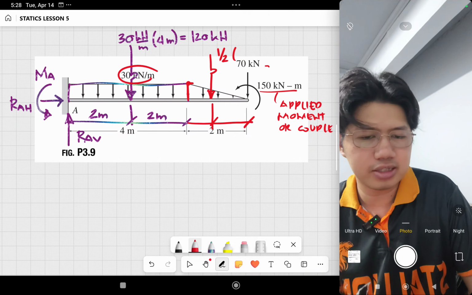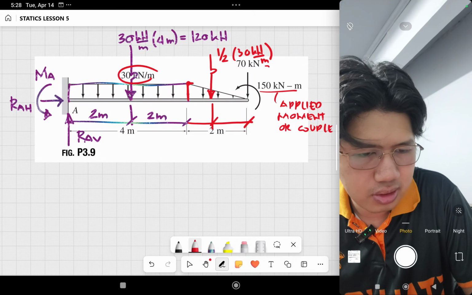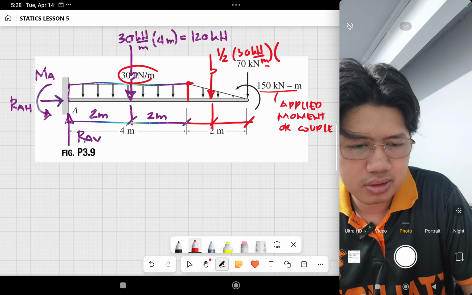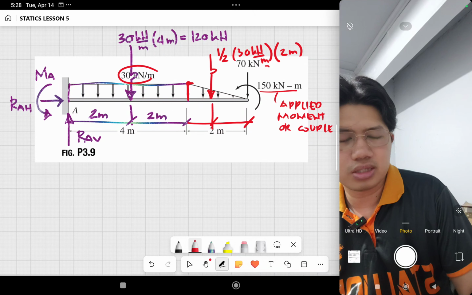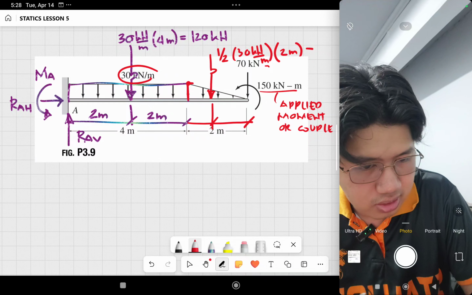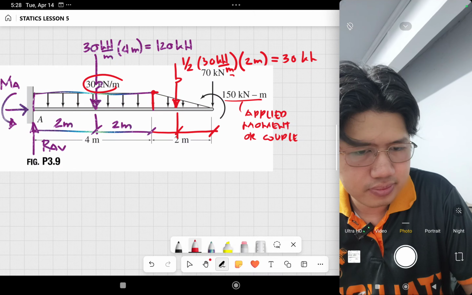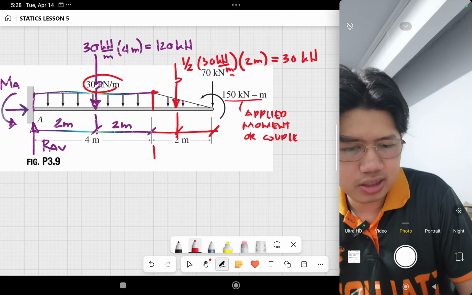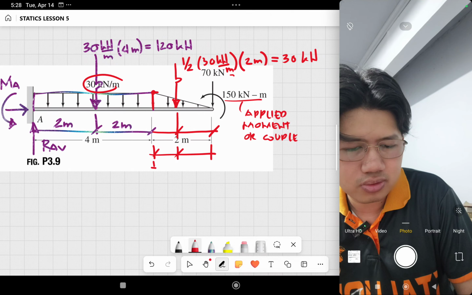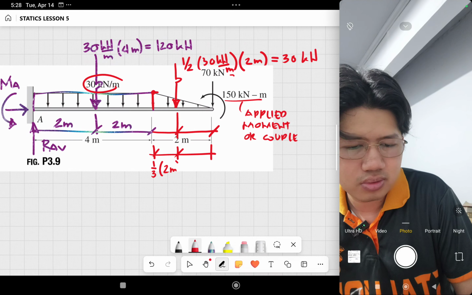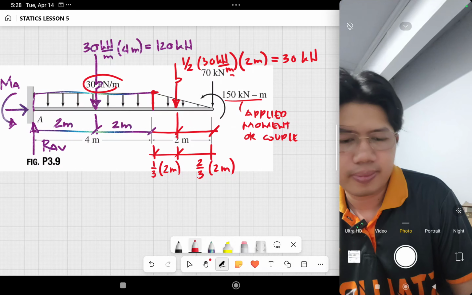Yung height niya is 30. Times length ng distribution is 2 meters. So that is 1/2 times 30 times 2. That is 30 kilonewton. So alam natin this is 1/3 of 2. This one is 2/3 of 2. Okay?